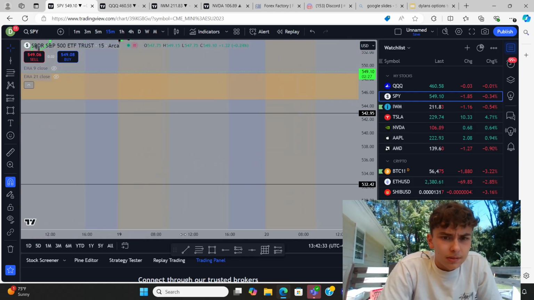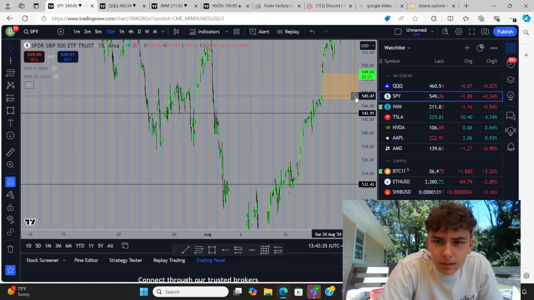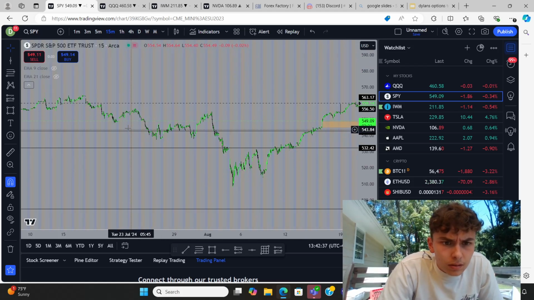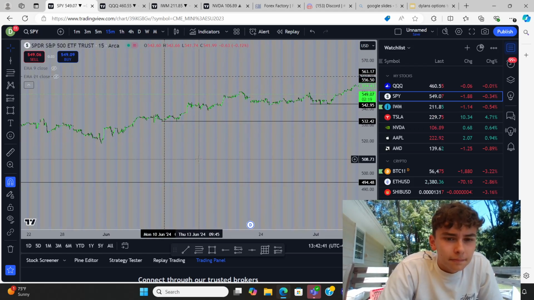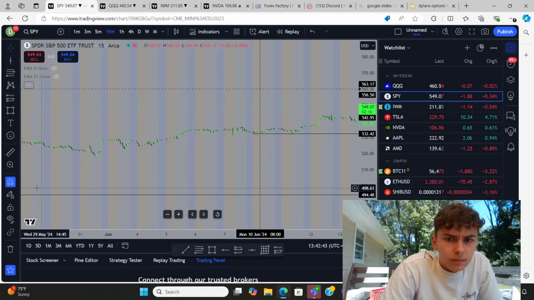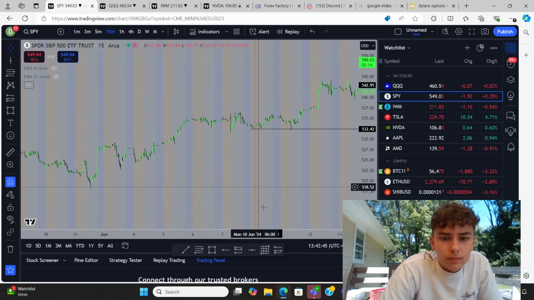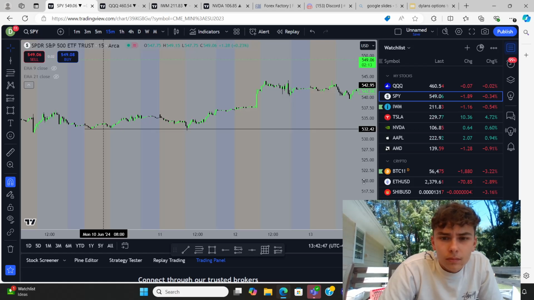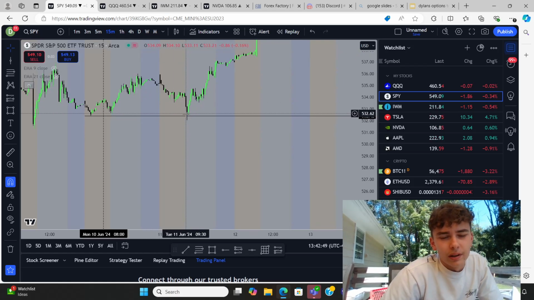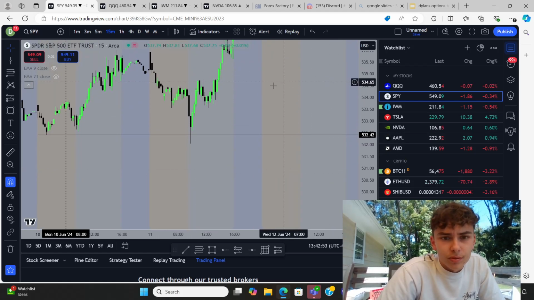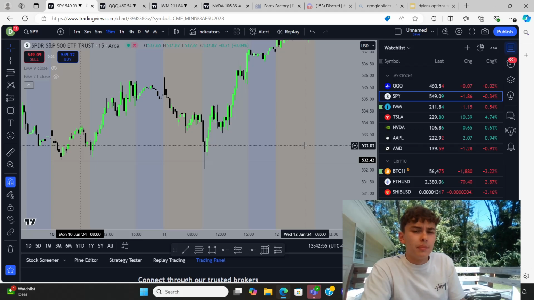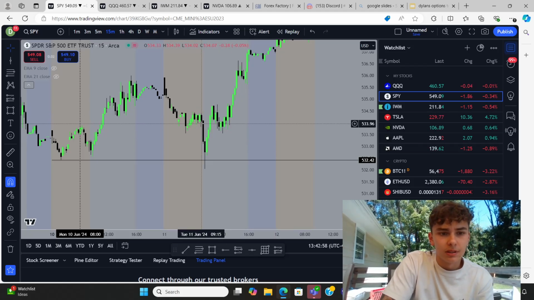If price wants to go back to where it was, right here. So this was the sweep of liquidity right here. I mean, this is just a perfect trade, guys. This trade is just beautiful. This is the whole strategy. And I'm going to make more videos on all these confluences, but this is beautiful.